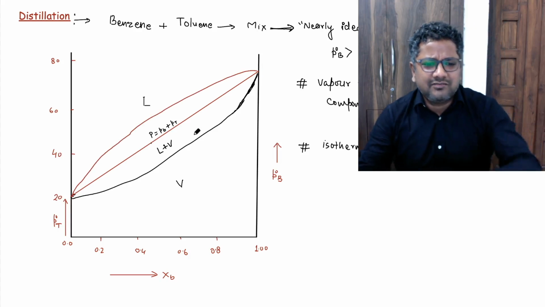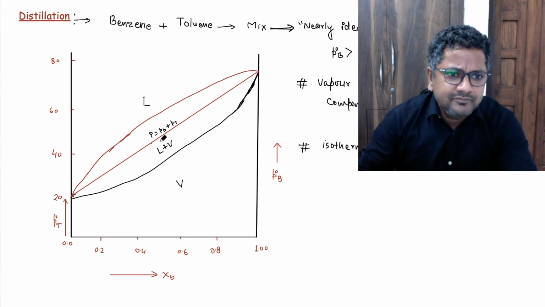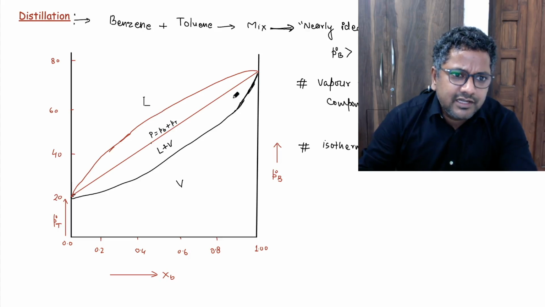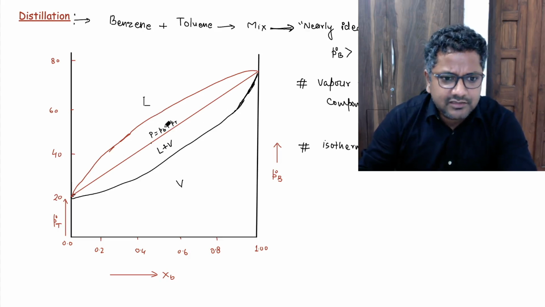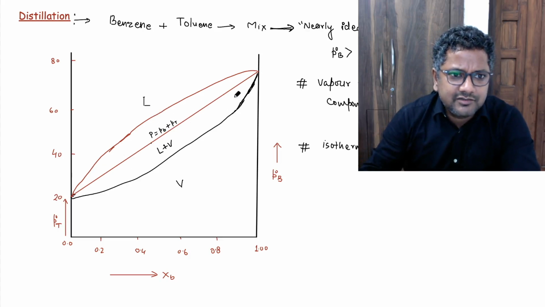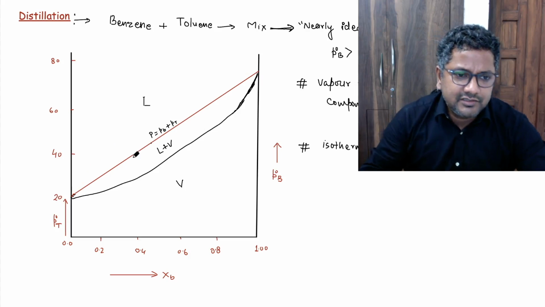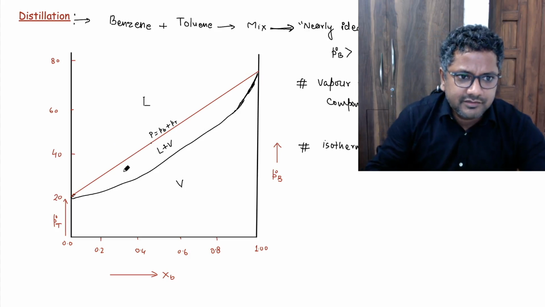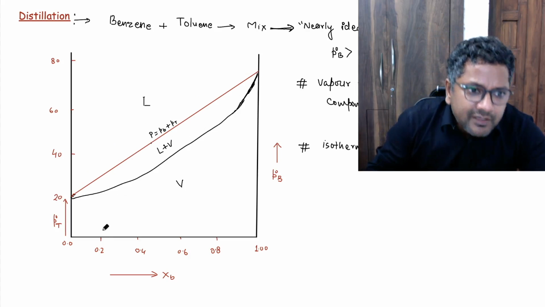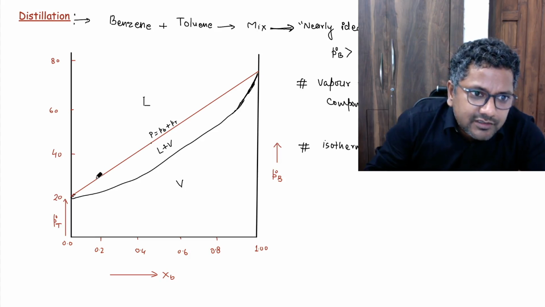This type of graph you may also find in some books, no problem. So this whole region is the liquid plus vapor region, right? But I will explain with the help of this only, because this is a little bit more clear. So this point 2, suppose we are taking.